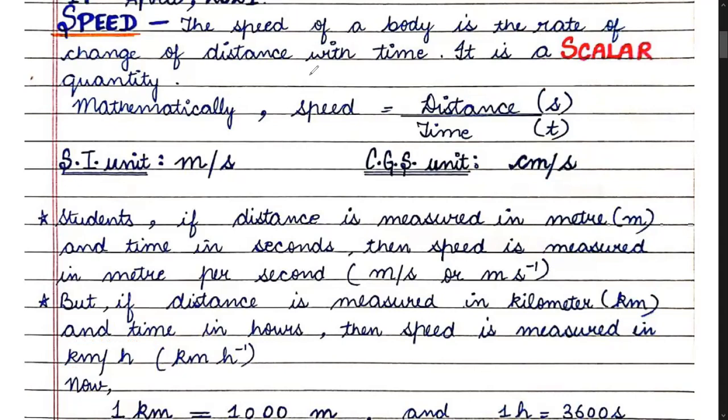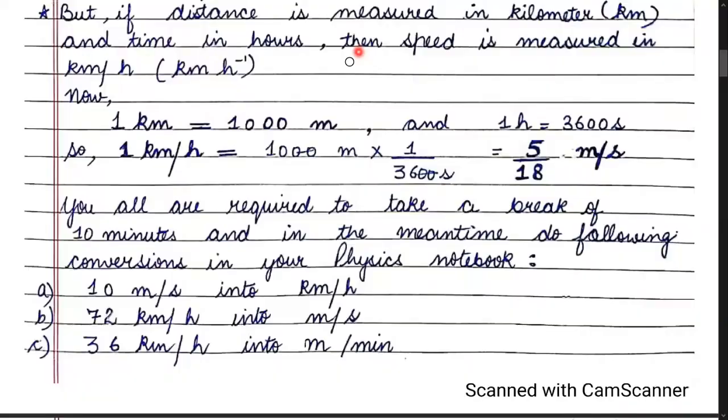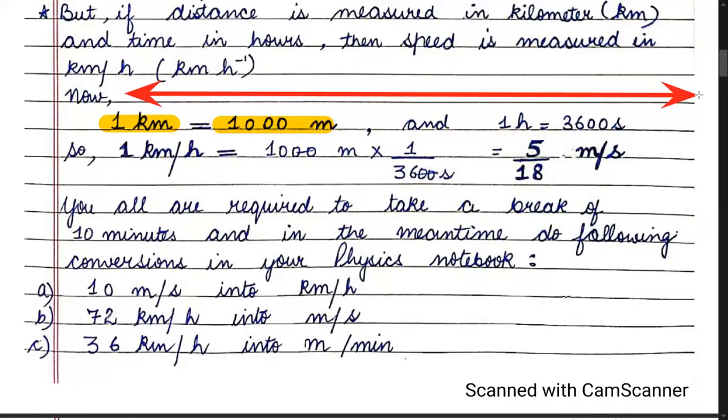Now students, you must be knowing that in 1 kilometer we are having 1,000 meter. What does it mean? 1,000 meters are able to make 1 kilometer. We'll be taking thousands of meter and then we will be combining it, and that 1,000 meter will make 1 kilometer.